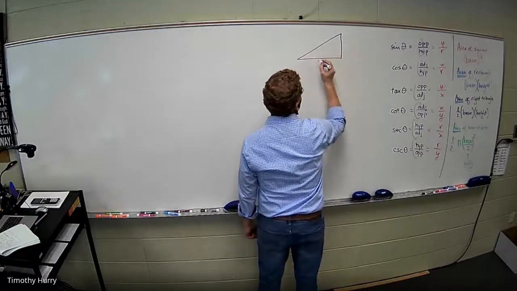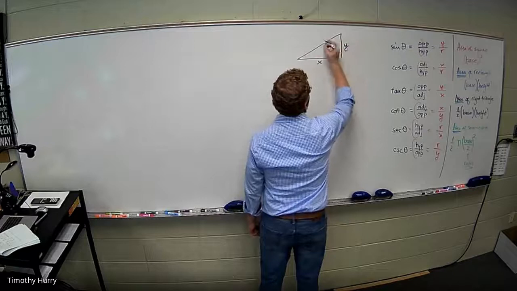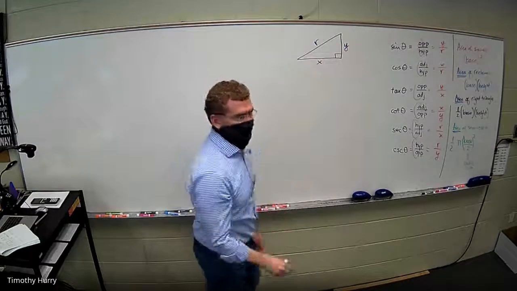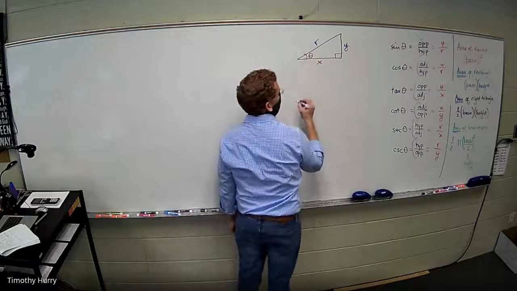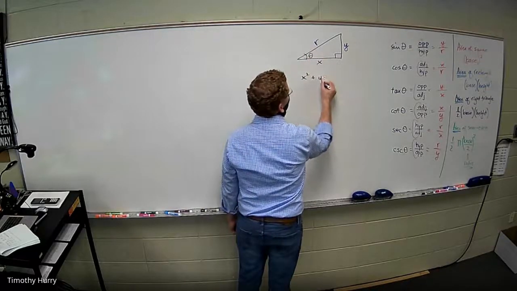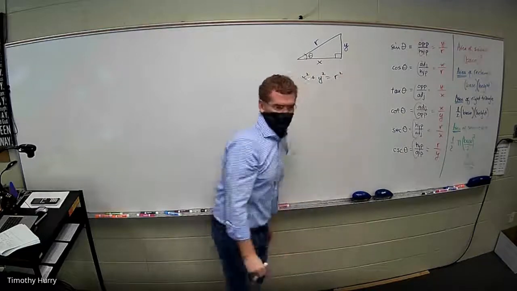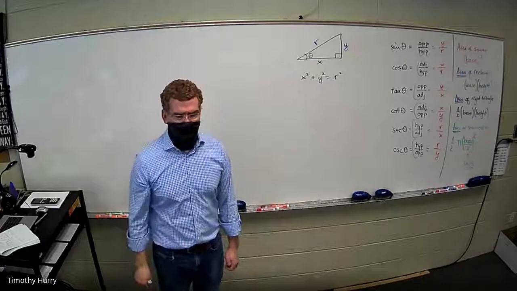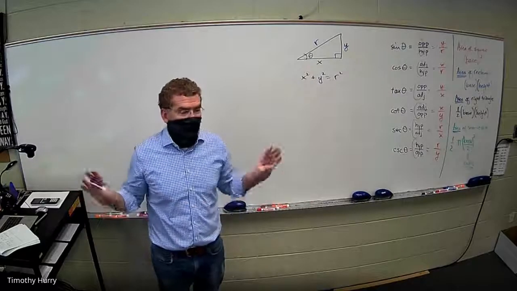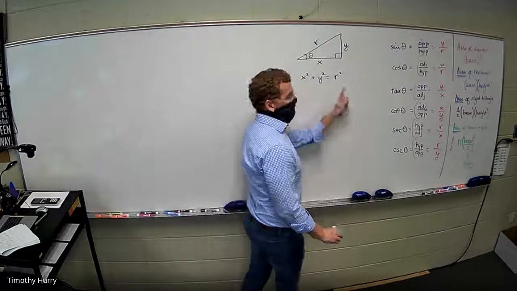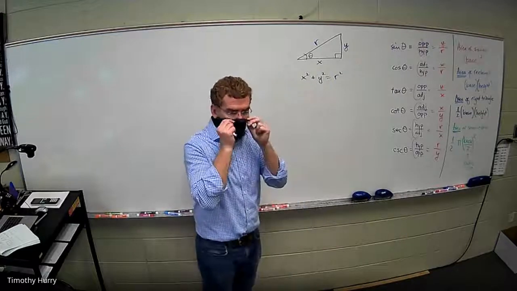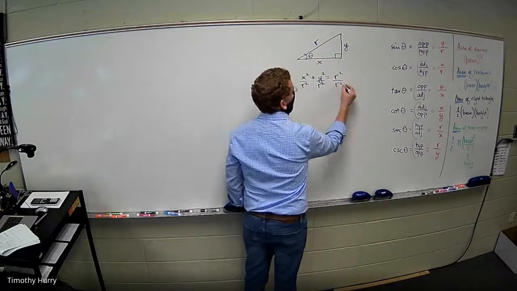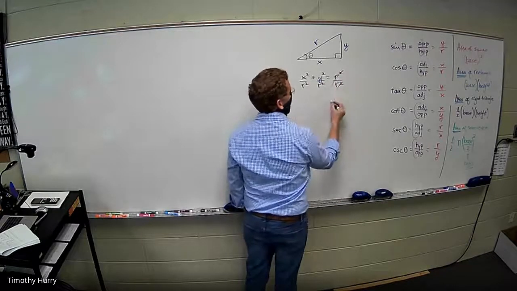But just hypothetically, I gave you a triangle and those are the sides. Is this true? I'm going to call this theta. X squared plus y squared is r squared. Yes? Okay. What would happen if I randomly chose, and tell me if I can't do this or not, to divide both sides by r squared? Is that legal? Yeah. So if I divide both sides by r squared, what happens on the right side? And I get 1.